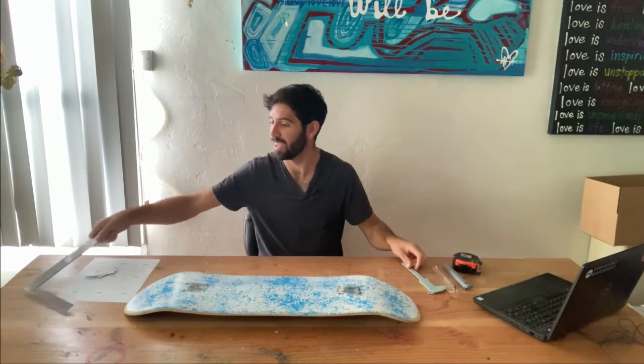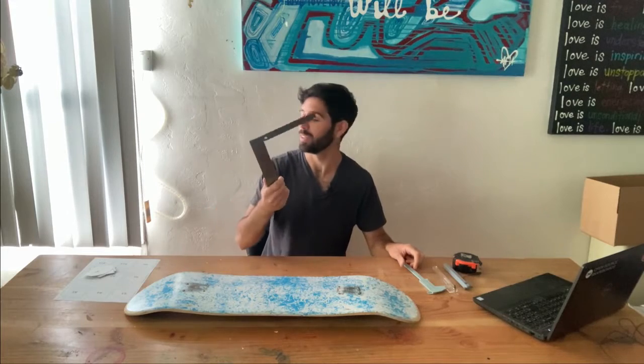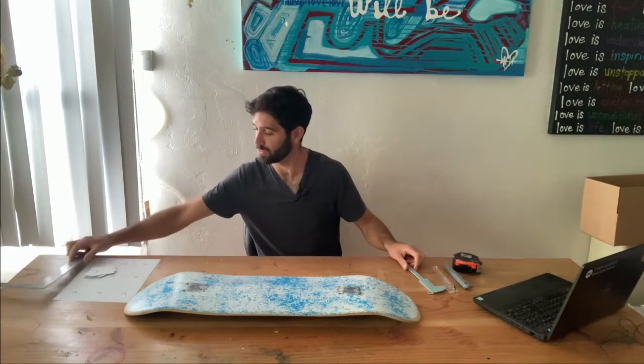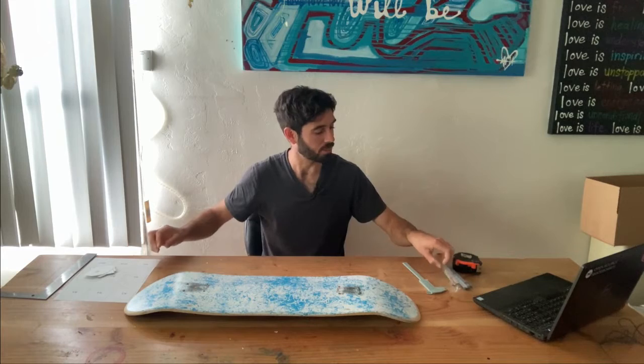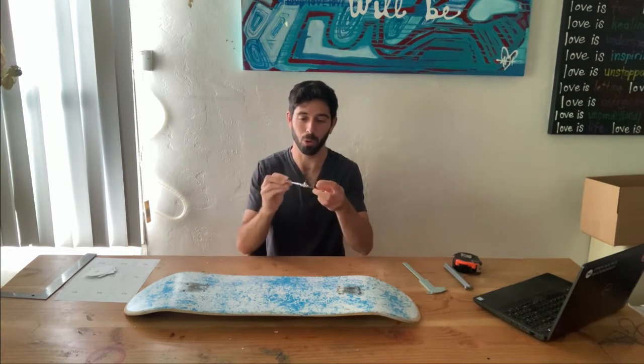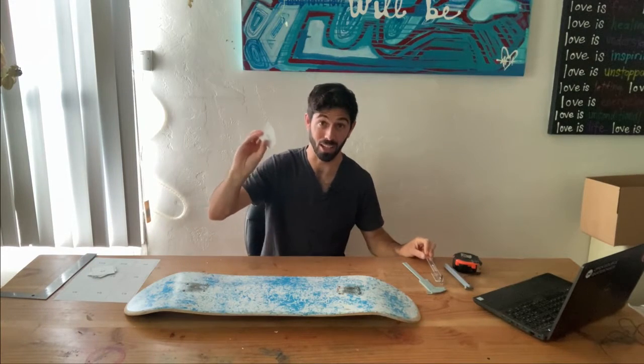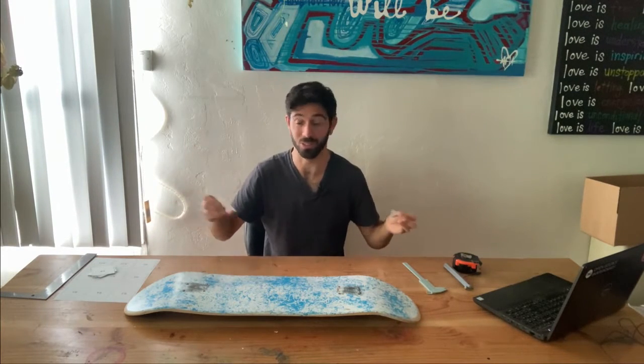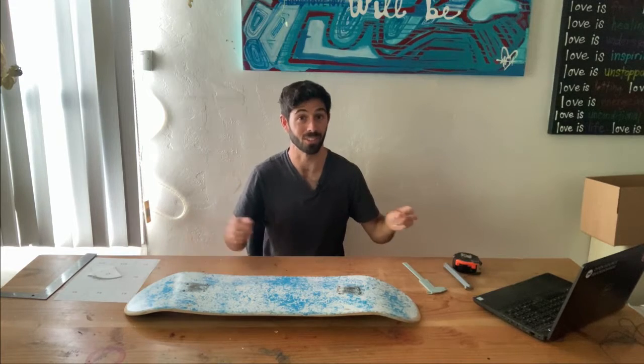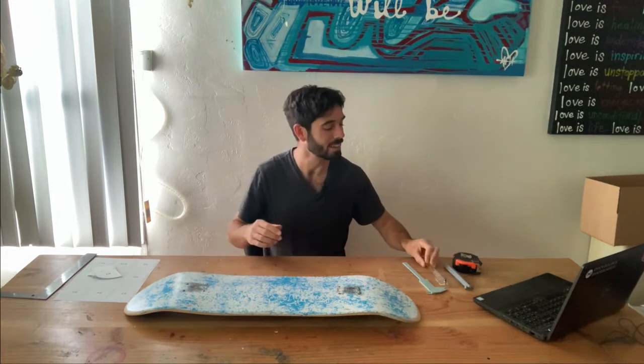I have a carpenter square, which could be handy for some things, and some swing arm protractors and radius gauges. I'll explain more about all these different types of measuring devices as we use them.